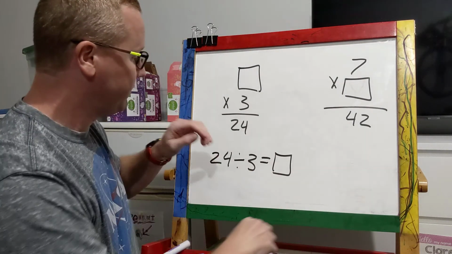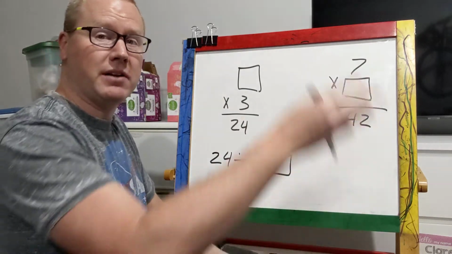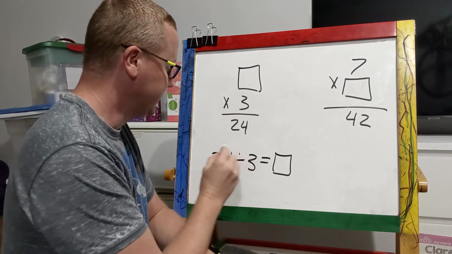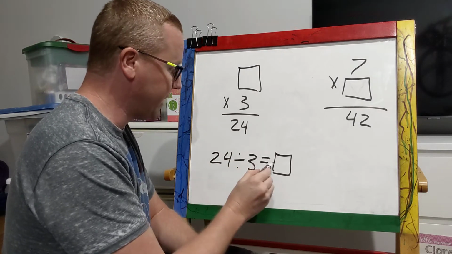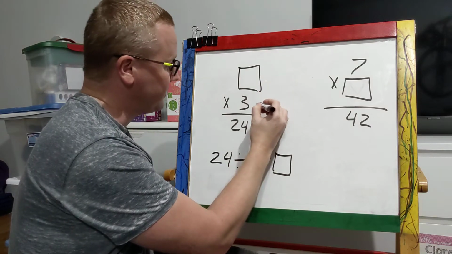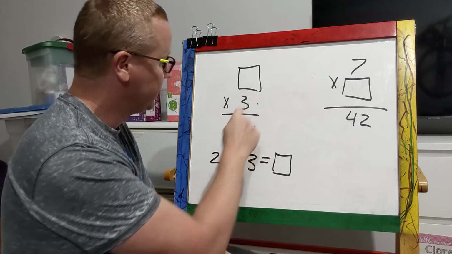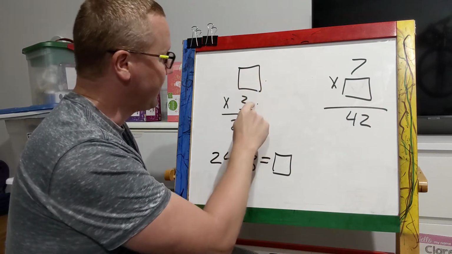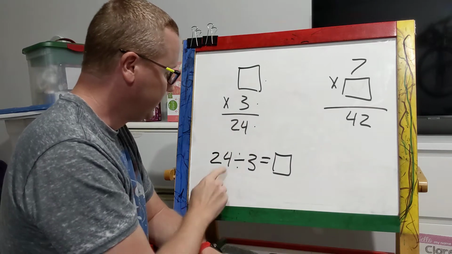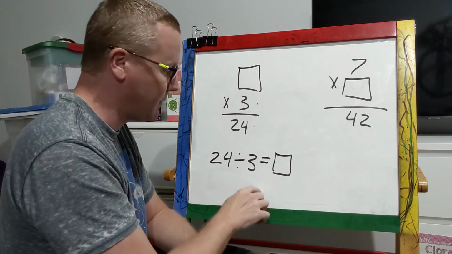So when you see problems like this, you're like, oh, I don't even know how to think of it. You can think of reverse multiplication or this division problem like this. 24 divided by 3 equals something is the same as something times 3 equals 24. Or the way that Mr. B says it, you can have 3 groups of something that add up to 24, or 24 divided into 3 groups, and you have to figure out how many are in each group.